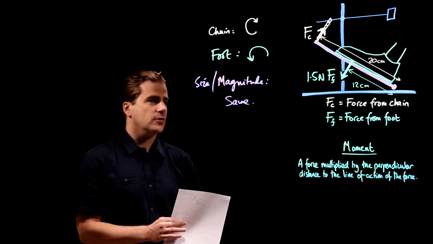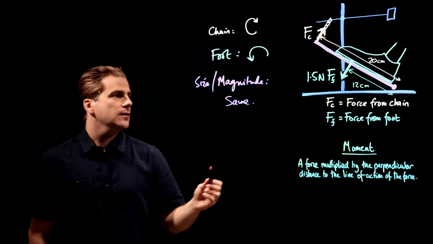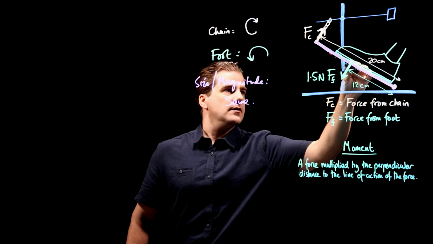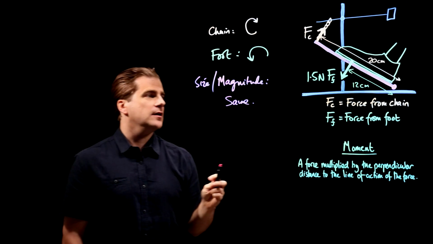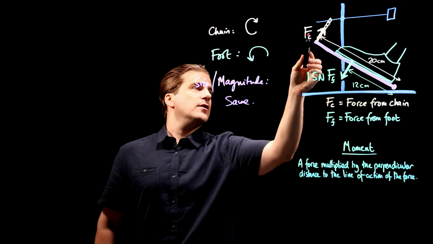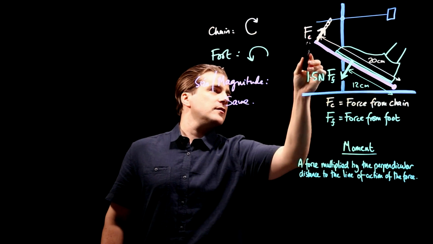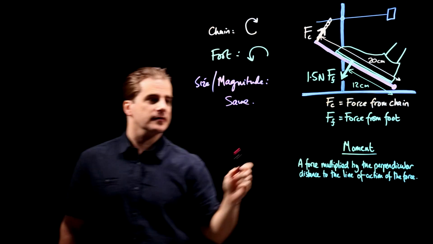Okay, so what equation are we going to use? Well, again, if there's two moments acting on something and it's stationary, the two moments are equal. The moment is force times perpendicular distance, so therefore FC times that distance equals FF times that distance.